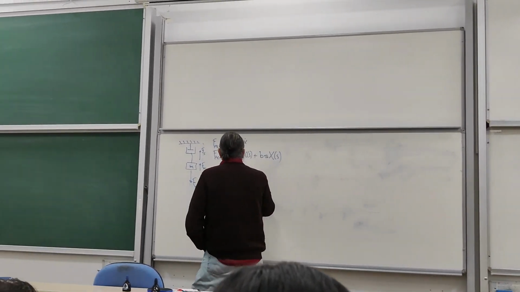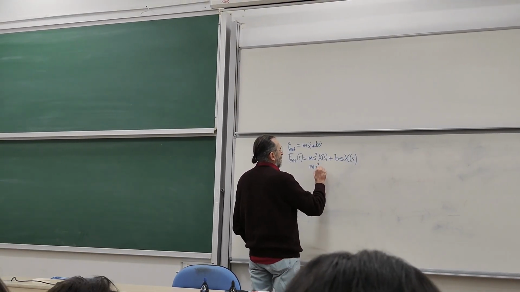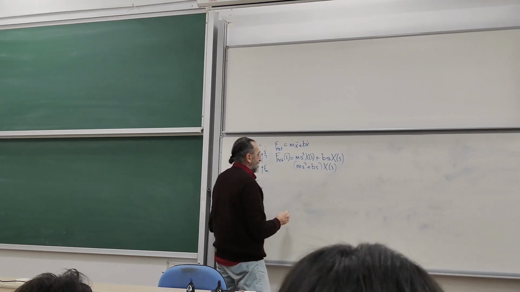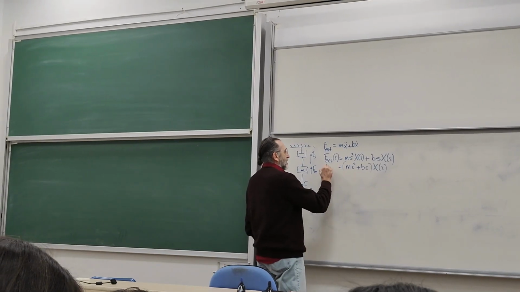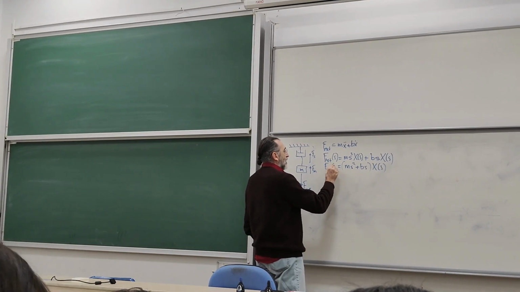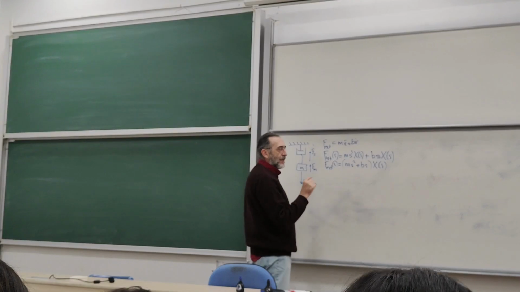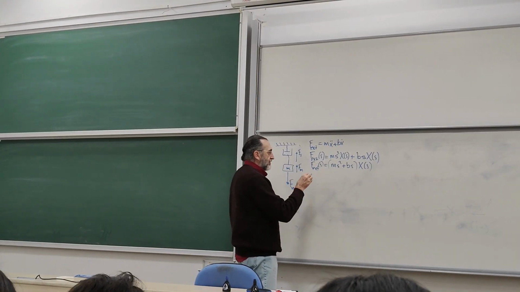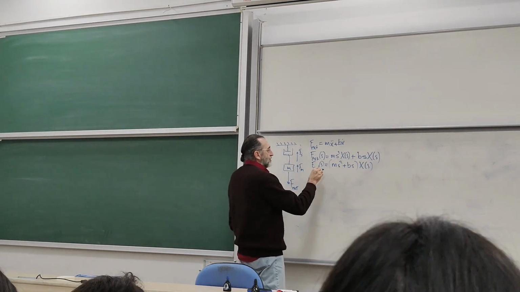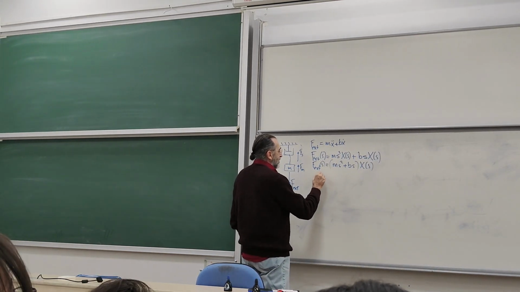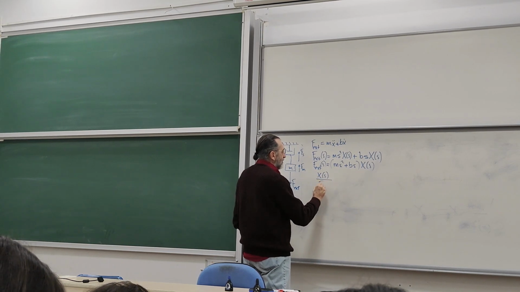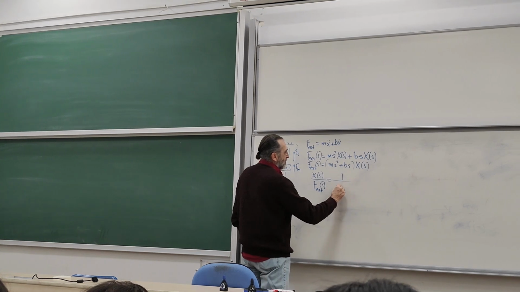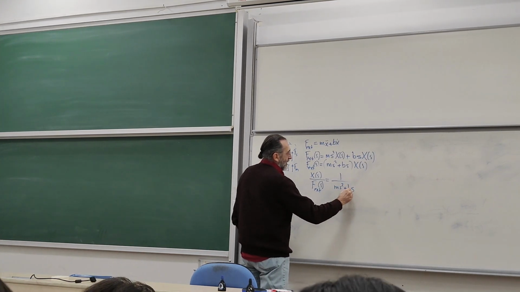So this becomes m s squared plus d s times X of s equals that F external of s, and then we have the input-output relationship, which is the transfer function of the system as X of s, the output, divided by the input, equals 1 over m s squared plus d s.